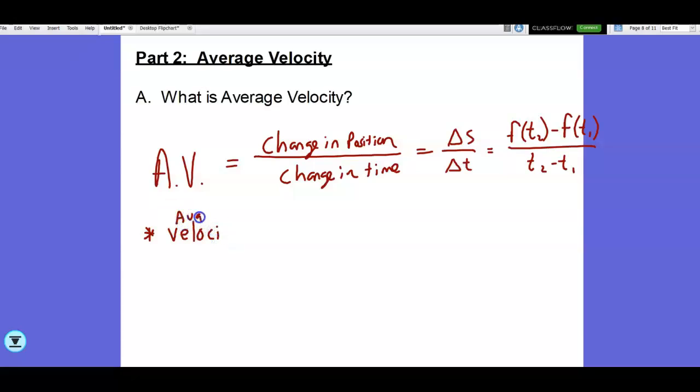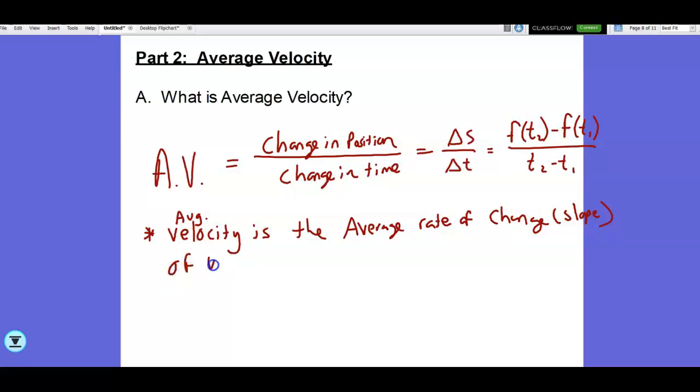Say average velocity is the average rate of change, in other words, slope, of your position.